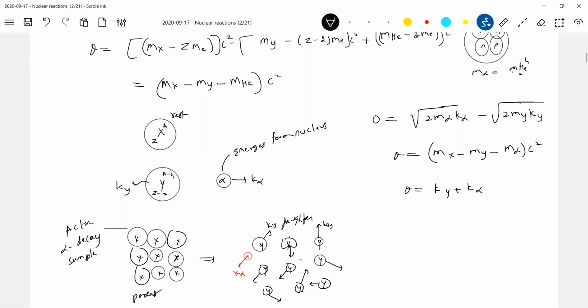What about this alpha particle? This alpha particle here, for this K alpha, for this it will be.